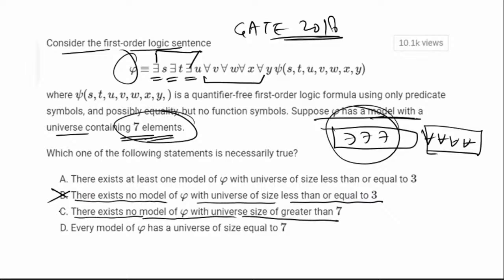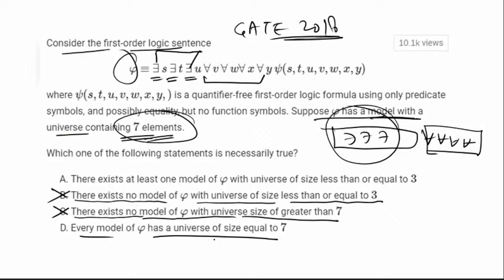We cannot say this, neither can we say the opposite. If you ask me for a model of size greater than 7, I can neither say that it does not exist, nor that it exists. Both these pieces of information I cannot guarantee. So option C is also false.